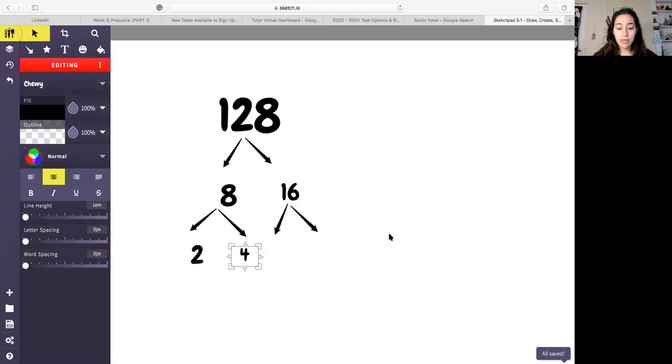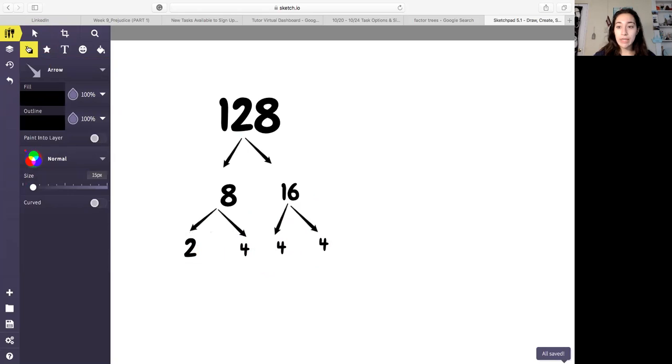And for 16, 4 times 4 is equal to 16. Since 2 is a prime number, that one's done, but there are still more factors of 4. For all of these 4s, the factors are 2 times 2.